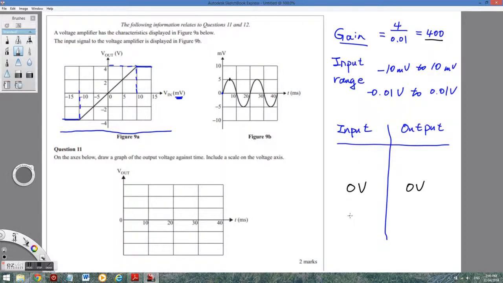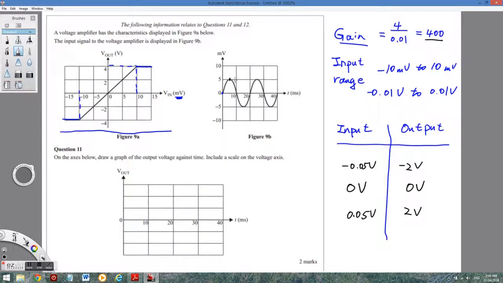So when it's 0.05 volt, if we read from the graph, or you can just times 400, the output will be 2 volt. Similarly, the minimum value is minus 0.05 volt, then the output has to be minus 2 volt, or minus 0.05 times 400.